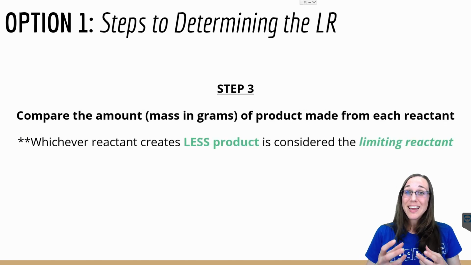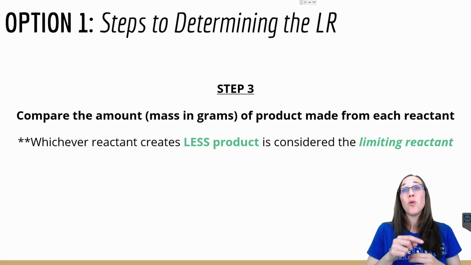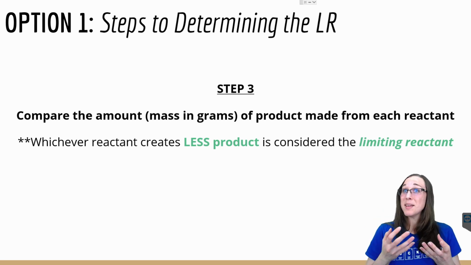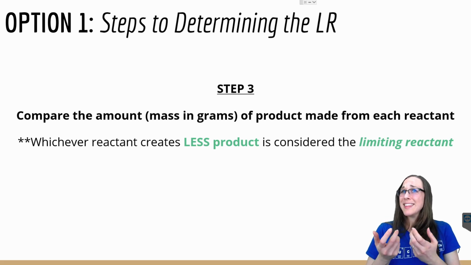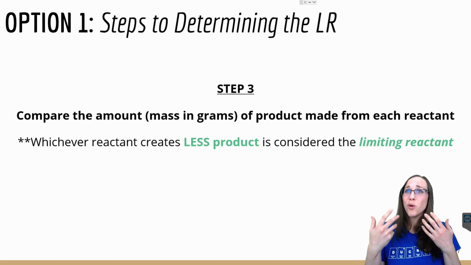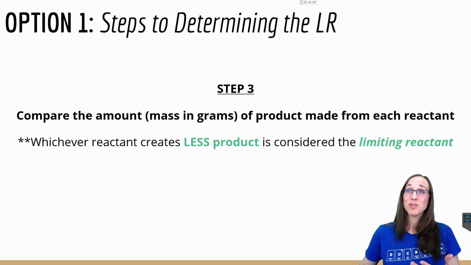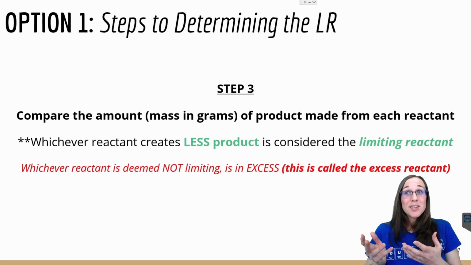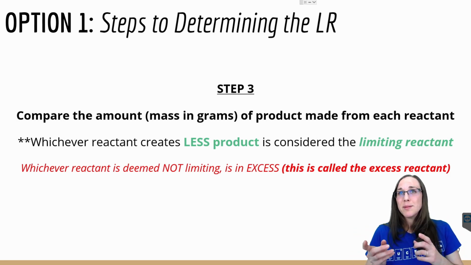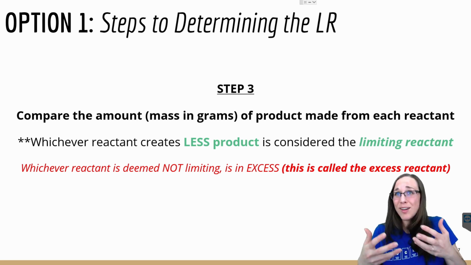Whichever product ends up being less amount, that reactant is the one that was the limiting reactant because it made less. Just like in our s'mores example, it made less with 1 marshmallow, therefore we knew the 1 marshmallow was the limiting reactant. We're just doing this with numbers now, that's all. And then that whole excess thing, well, by process of elimination, whichever reactant was deemed not the limiting reactant is the one that's in excess, the one that's left over.